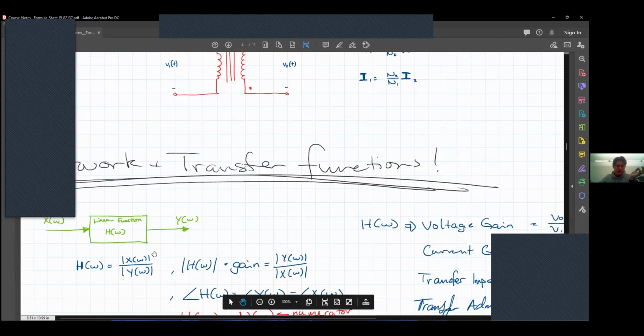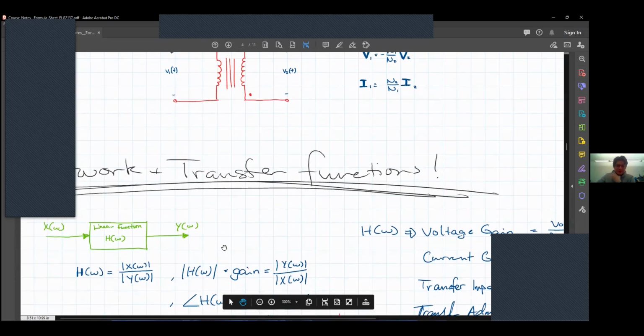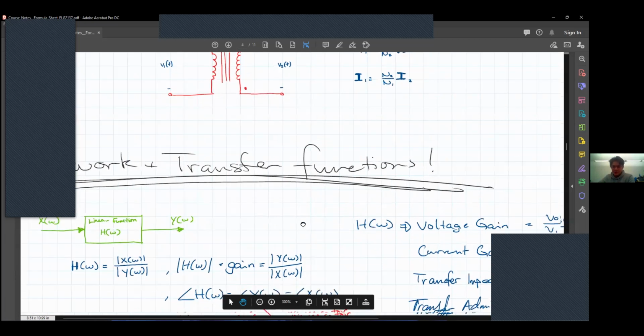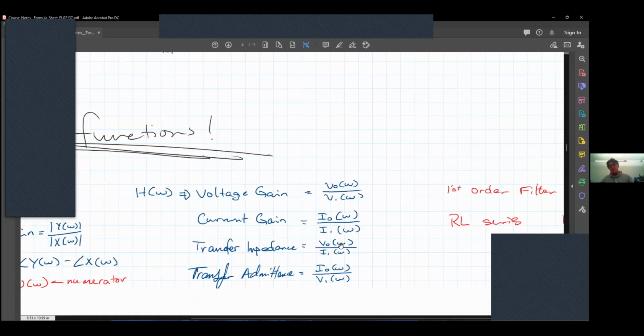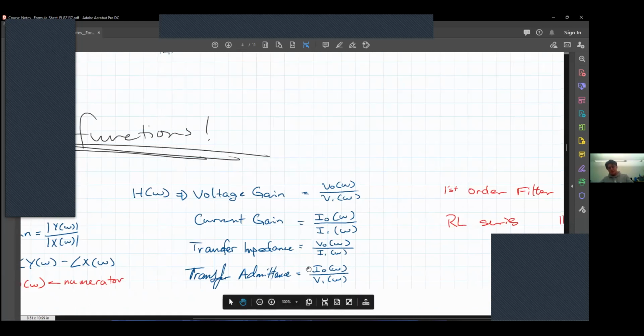Simply put, it is the value of your output over the value of your input. You can treat it as voltage gain, output over input. You can treat it as current gain, output over input. You can treat it as transfer impedance, so voltage output over current input, or transfer admittance, which is current output over voltage input.